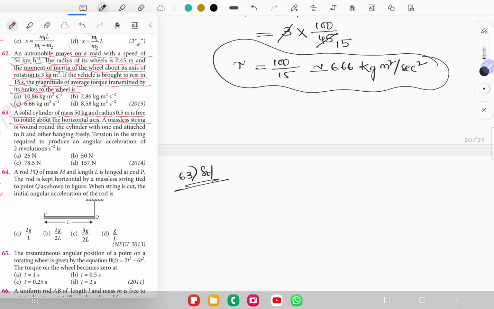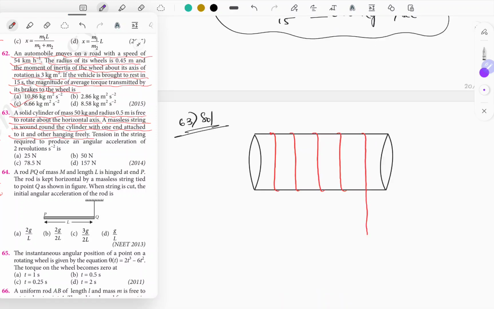A massless string is wound round the cylinder with one end attached to it and the other end hanging freely. This is how we have to represent the diagram. It is free to rotate about its horizontal axis, so one end is connected to the object and the other end is left free.